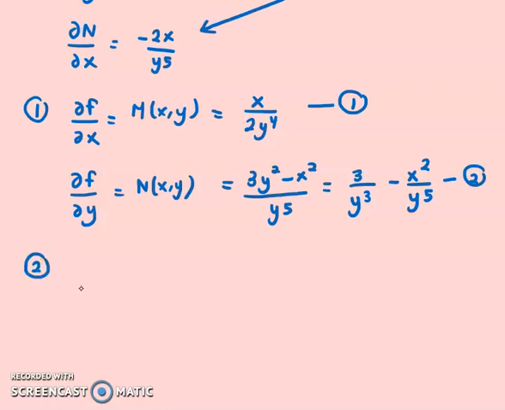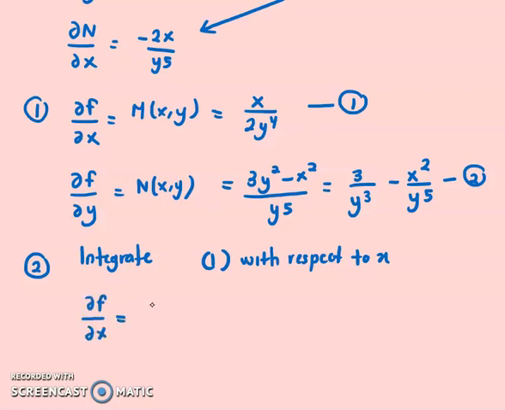Okay, so step number 2 will be to differentiate equation number 1. Sorry, it's not differentiate, it's integrate. So we want to integrate 1 with respect to x. So we have partial f over partial x, which is x over 2y^4.